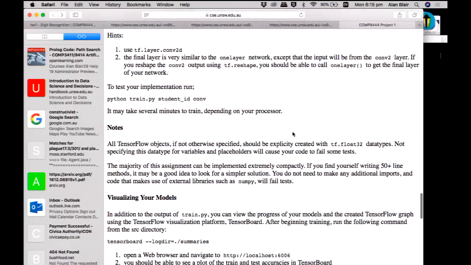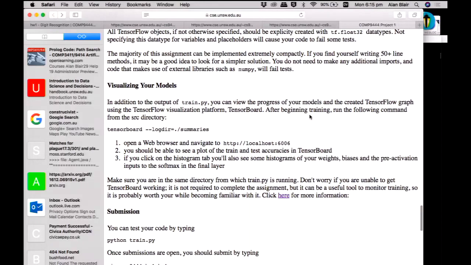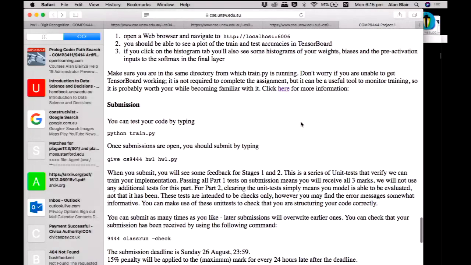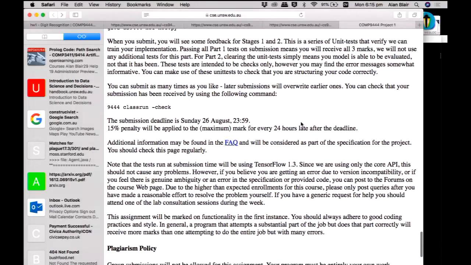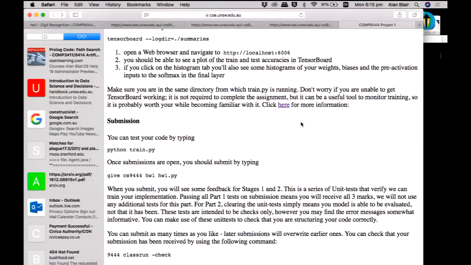And just a quick note about version. We're encouraging you to install TensorFlow 1.9, which is the latest stable version. I think they may have released 1.10, but we're sticking with 1.9. But the tests that are run at submit time are, unfortunately, using TensorFlow 1.3 because the lab machines are configured in 32-bit mode.